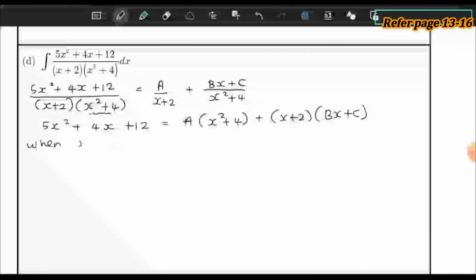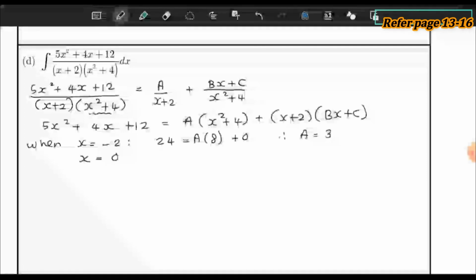When x equals −2, we substitute. We have 24 equal to a times 8. Negative 2 squared is 4, plus 4 is 8, and the next term equals 0. Therefore, a equals 3.